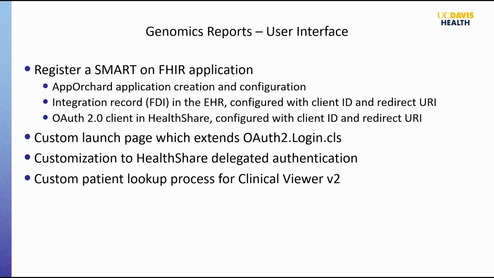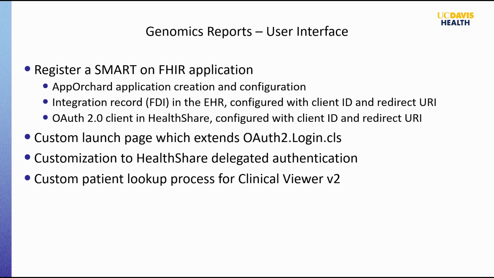And we take that client ID, we put it in the integration record, which is the FTI record in the EHR, and we also added in a redirect URI. Now, correspondingly, on the HealthShare side, we updated the OAuth2 client to configure that with the same client ID and redirect URI.